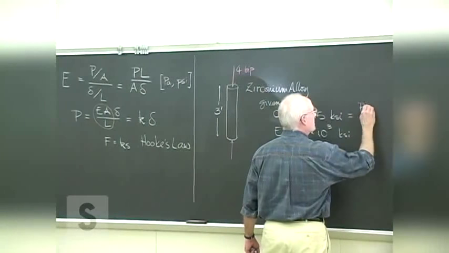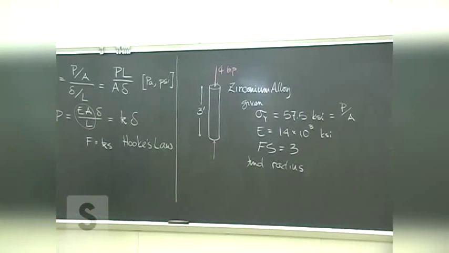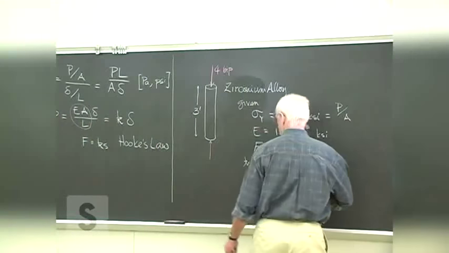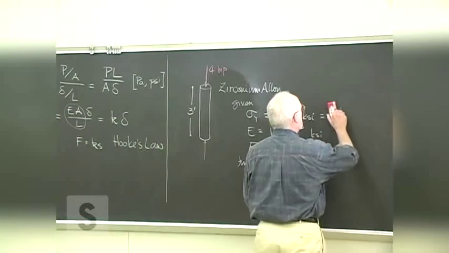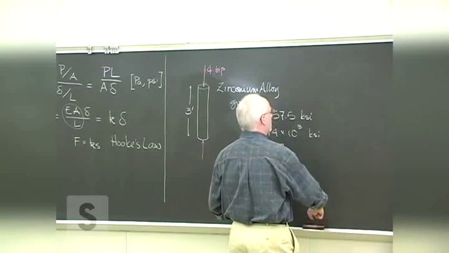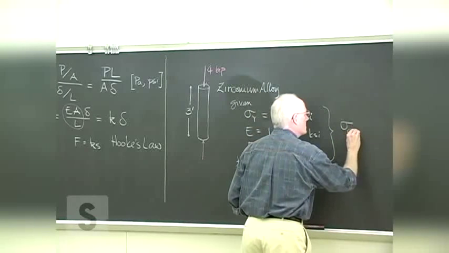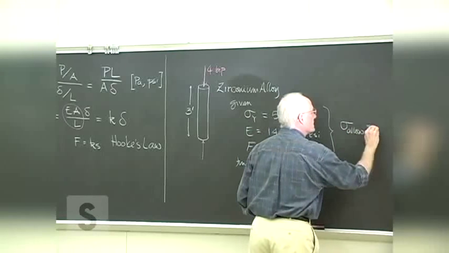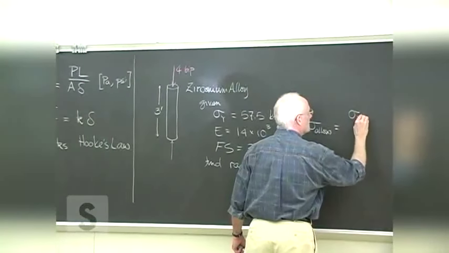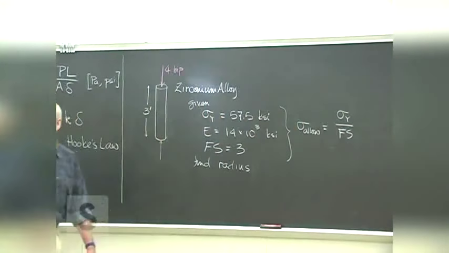Remember, the stress is P over A, but you've got to get a factor of safety in there. And one way to do that is to make a ratio so that we now have an allowable stress that's 1/3 of the yield stress, because the factor of safety is 3.